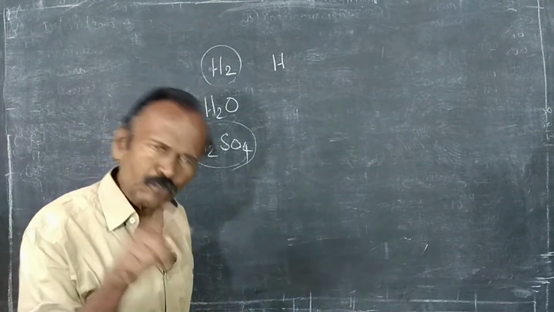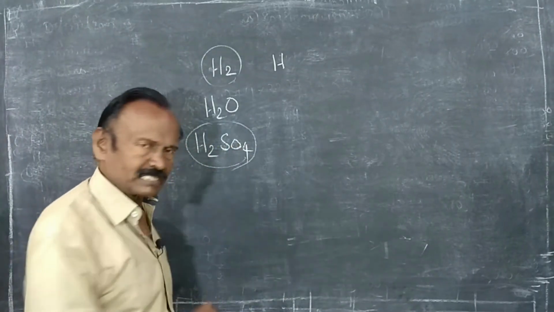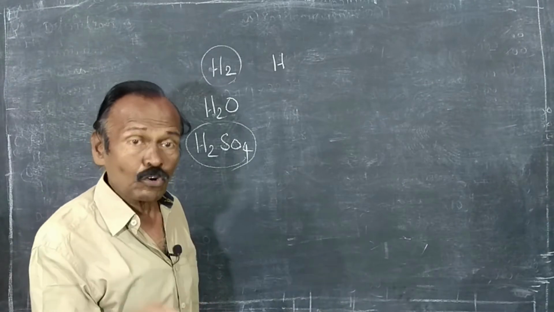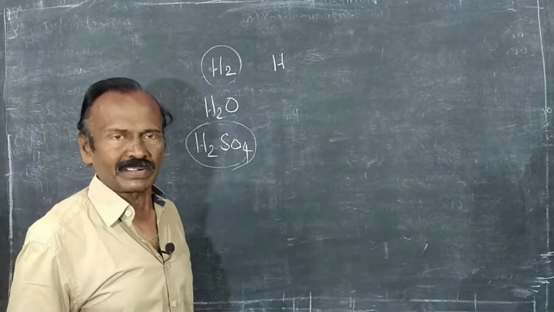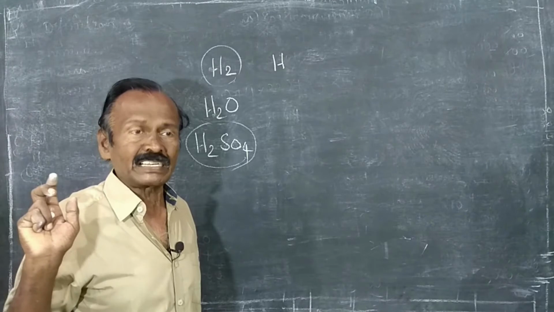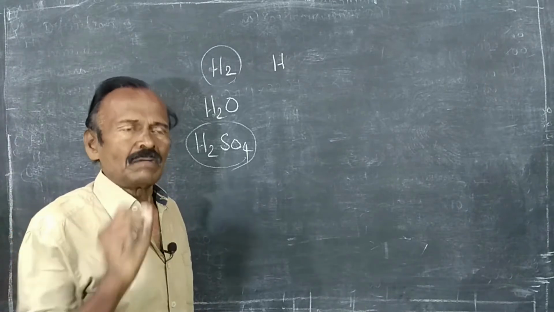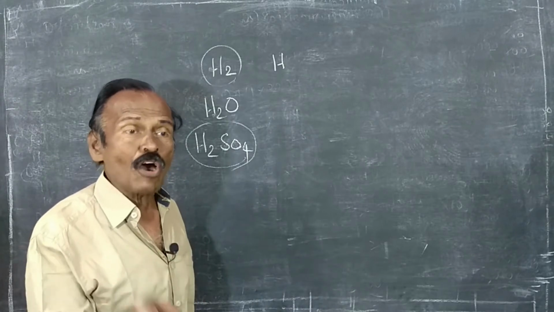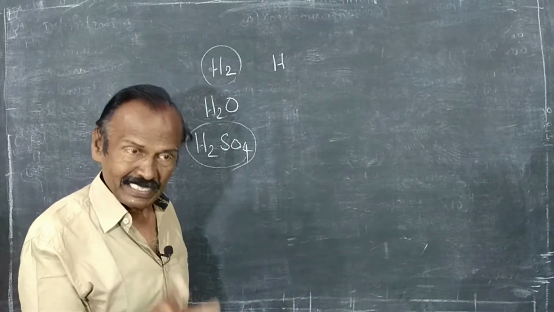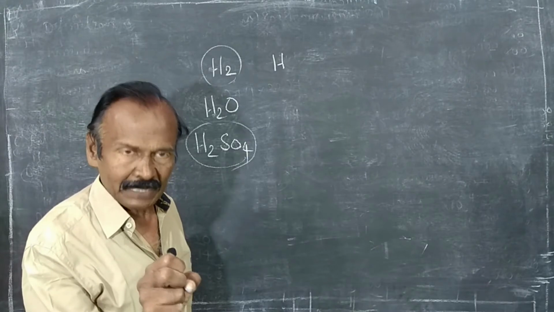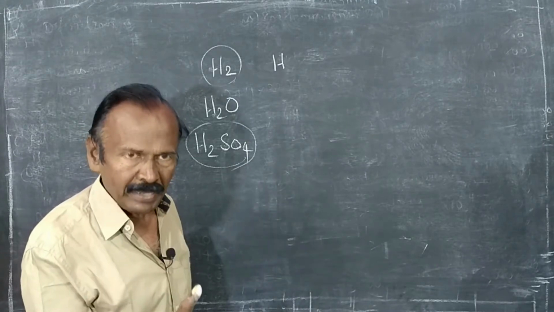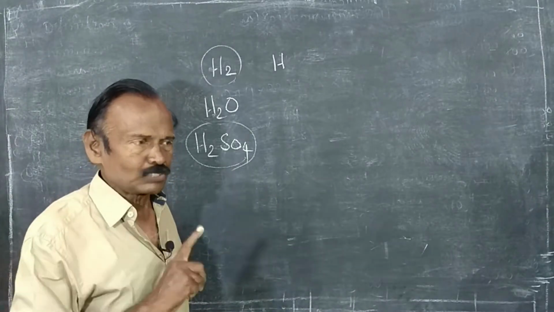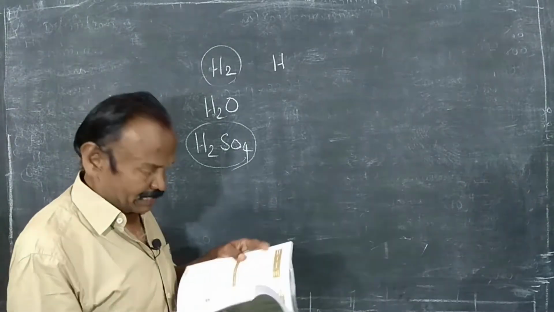There is a chemical force of attraction between these atoms, or there is a chemical bond. The force of attraction is called a chemical bond. So now we can define clearly, molecule is a combination of two or more atoms held together by a chemical bond or a chemical force of attraction. So this is what a molecule is.